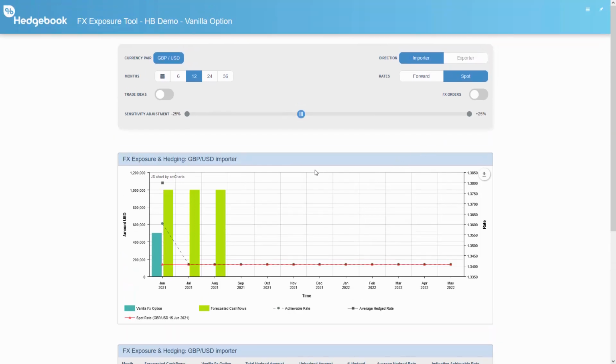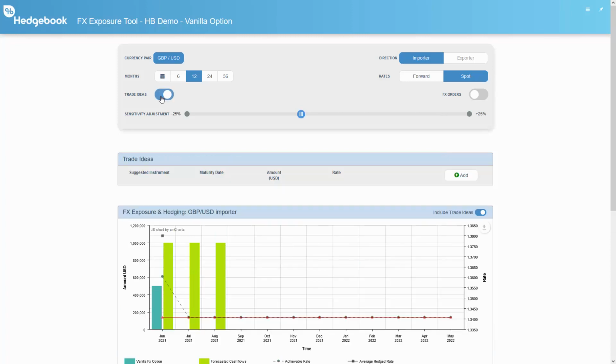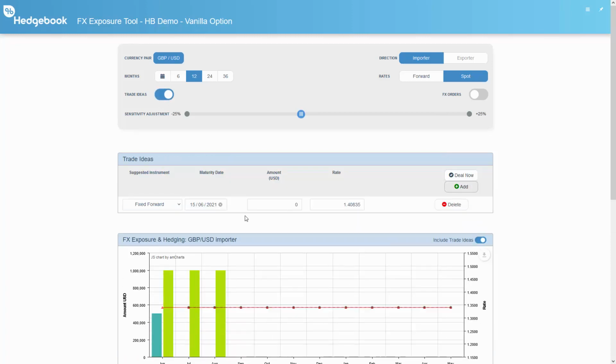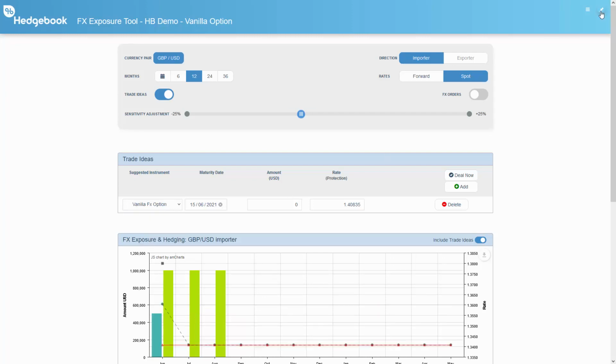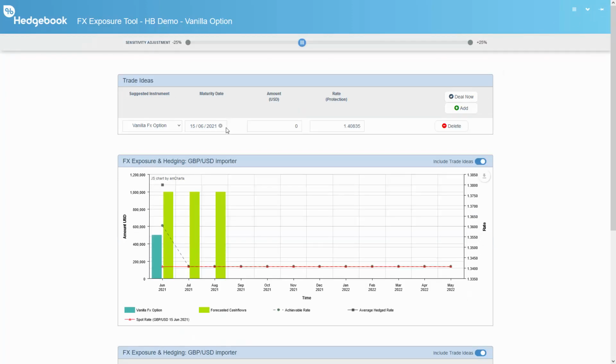An alternative way of including an option is if we look at trade ideas, then we could add a vanilla option. Let me just pin these controls at the top. So let's do it for 250,000. That's the prevailing market rate, but let's make that 139.